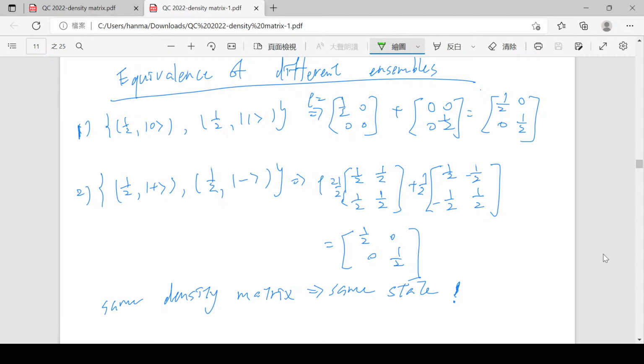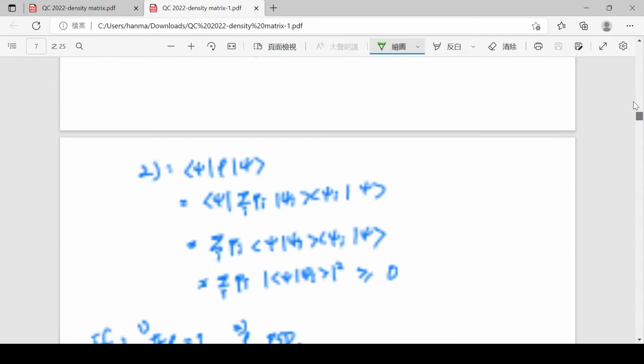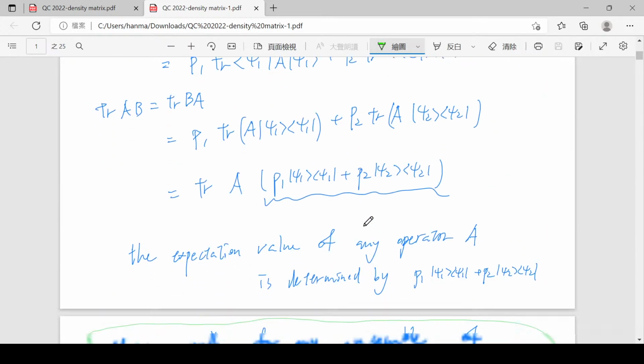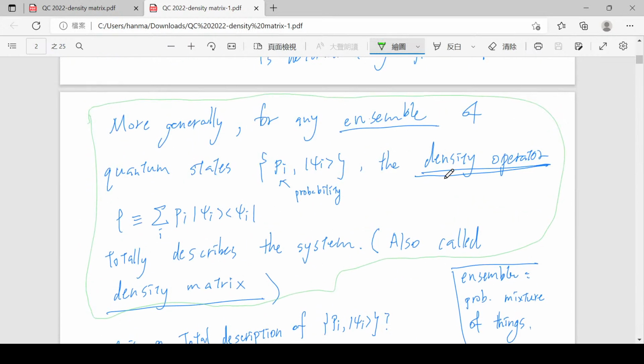Okay. So any questions from last time? Let's go over a quick overview. This time we started the concept of the density matrix, and a very basic motivation of it is we want to describe a classical probability mixture of quantum states in some nice mathematical form.